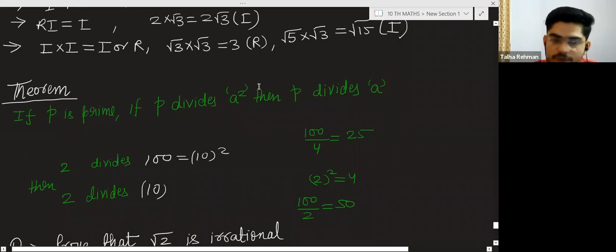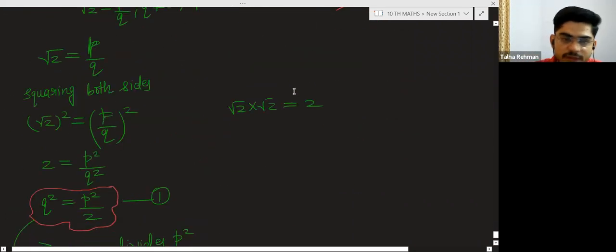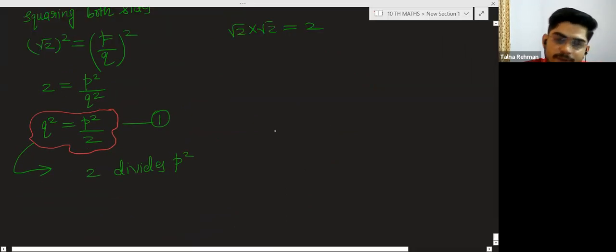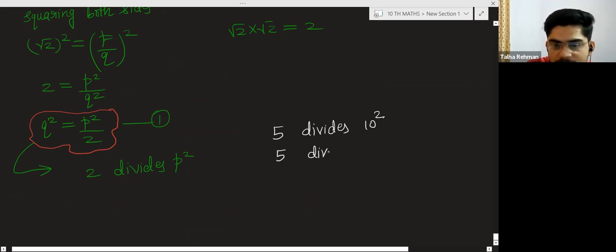For example, 5 divides 10 square, so 5 will also divide 10.